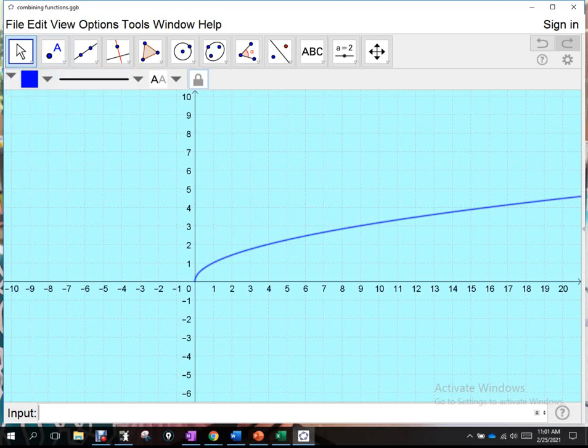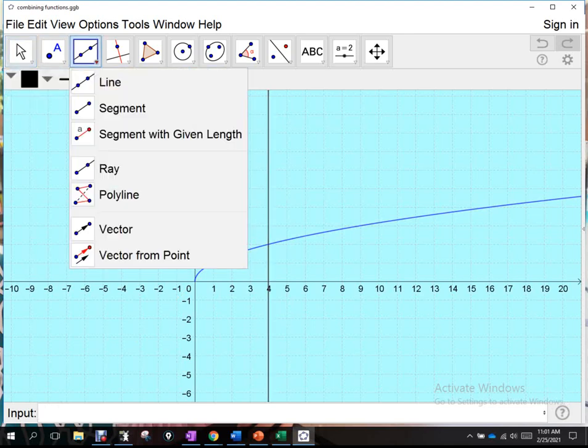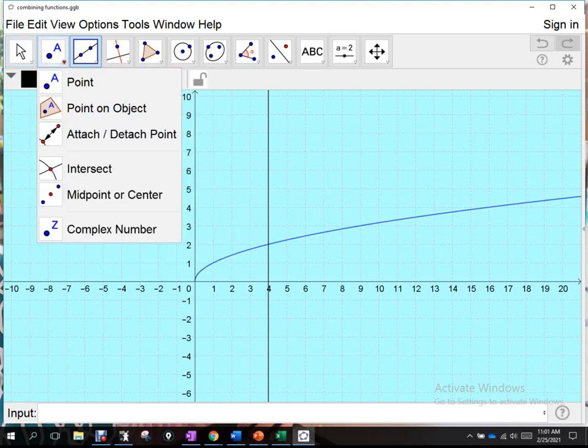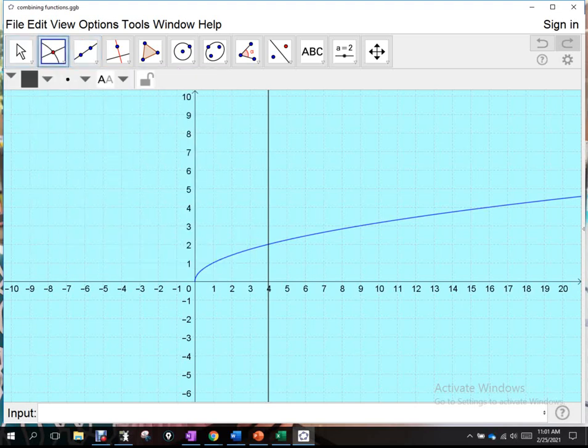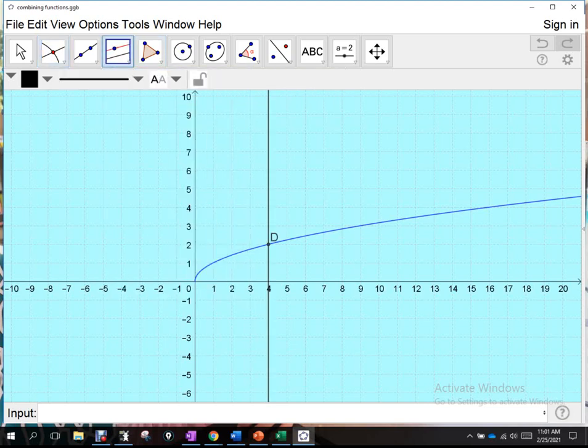I'm just going to draw some lines here to draw our attention to it. Let's see the intersection there, and we'll go parallel to that.